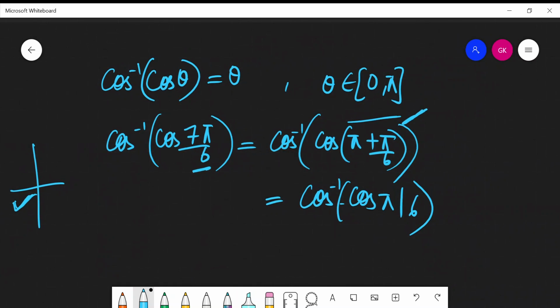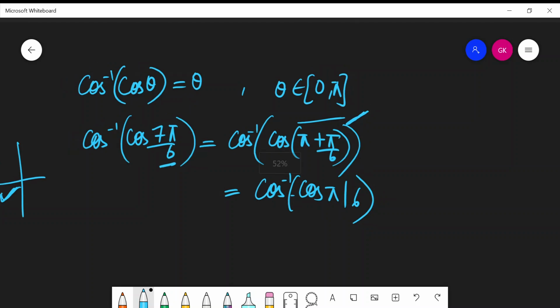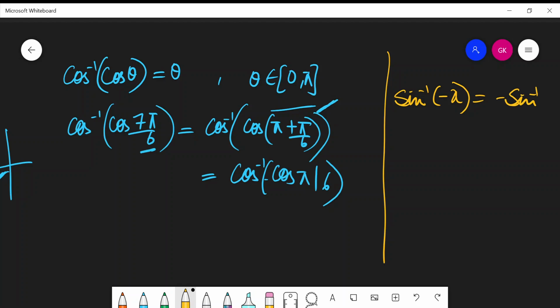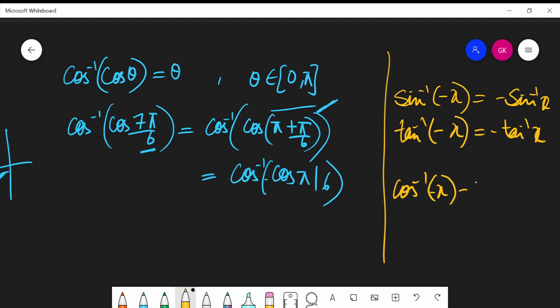Now, the first thing you should know is the domain and range of all the trigonometric functions. You should also know these formulae: sine inverse of minus x is equal to minus sine inverse x. Tan inverse of minus x is equal to minus tan inverse x. Cos inverse of minus x is equal to pi minus cos inverse x.